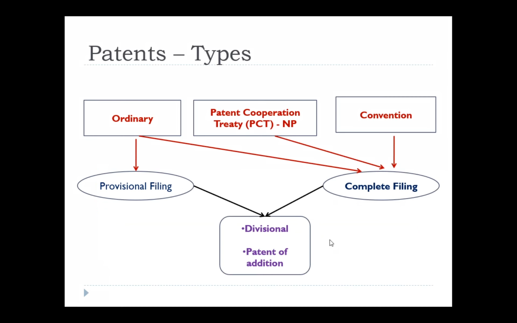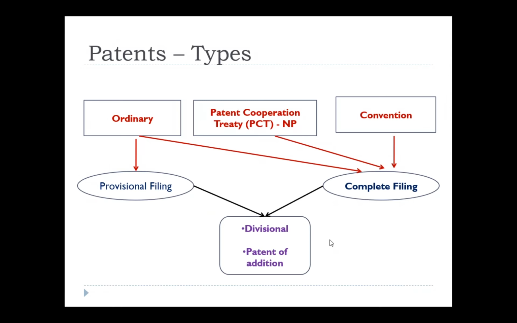So while filling the form 1, I'll show what form 1 is and how it looks. While filling it, you need to understand these three entities very clearly: one is ordinary application, PCT national phase application, and convention application. And herein I'll give you the differences as well.